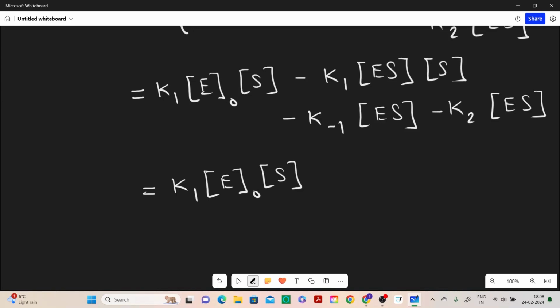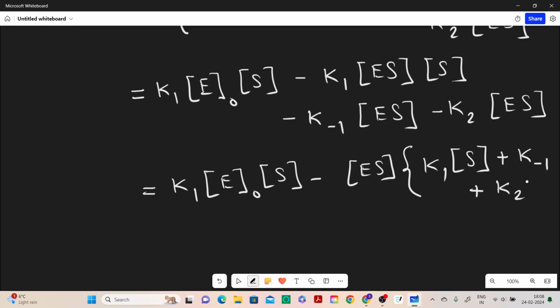We can take ES out of these three terms because all of them have it, and we can write it down as K1 into substrate concentration plus K minus 1 plus K2.